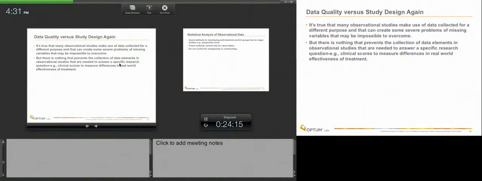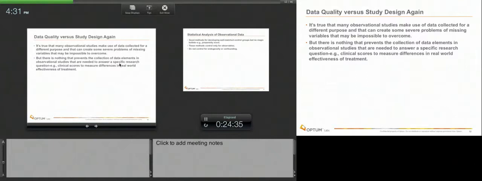the data quality. So my view is, when you think about the sources of bias in an observational study, most of the issues come from measurement error. You're either missing variables or you're measuring variables with a lot of imprecision.